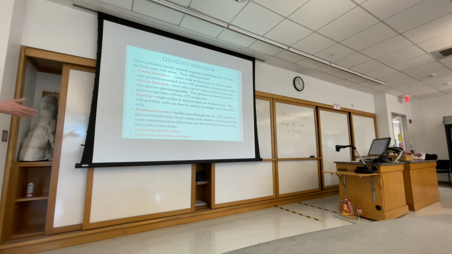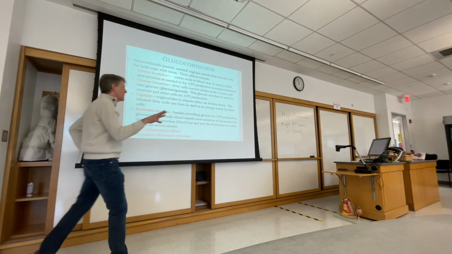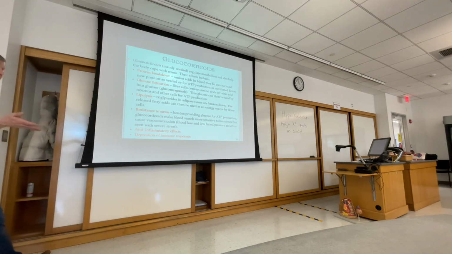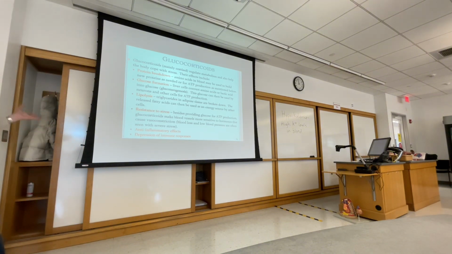When you are in a stress situation, overwhelming infection, overwhelming blood loss, whatever the problem is, it's fairly common for your blood pressure to run low. So cortisol is helping out in this way. It's saying, all right, listen, your blood pressure is going to probably run low. I will make it so that some of these other hormones have a stronger effect on vasoconstriction, and that'll help to raise your blood pressure.